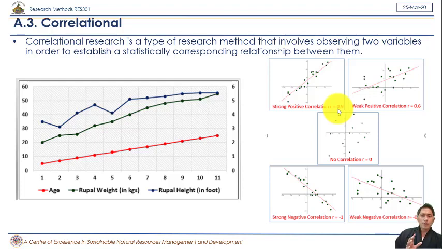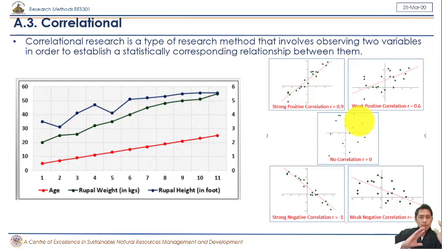So a value of R equal to 1 is 100% positive correlation. A value of R from 0.8 to 1 is considered a very strong positive correlation, because we're not looking at the decrease of one variable and increase of another variable, but at the increase of one variable leading to the increase of another variable. So that's positive correlation.